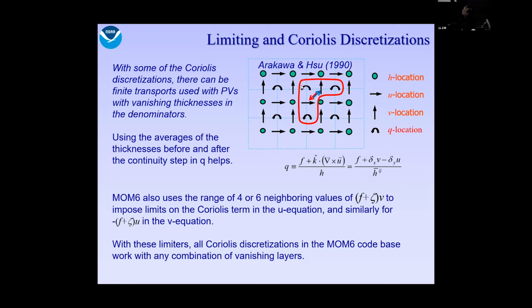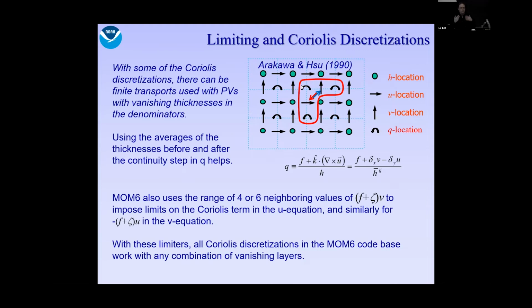I can take the absolute vorticity at these 6 points and the velocities, and that gives me 6 different estimates of what the Coriolis scheme acceleration should be. And so you take the largest of those and the smallest of those, and that gives you a range of plausible values.